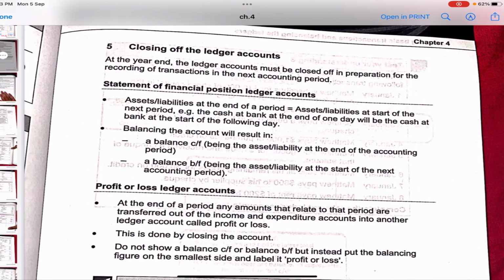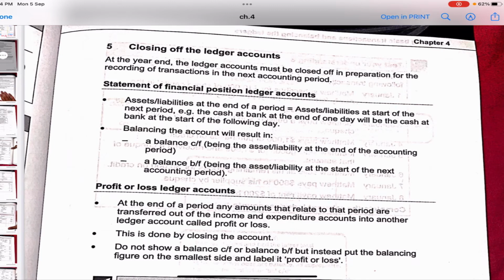Okay, now we have how we close off the ledger accounts. So how do you close off the ledger accounts? At the year end, the ledger accounts must be closed off in preparation for recording the transactions in the next accounting period. Statement of financial position ledger accounts: assets or liabilities at the end of a period are equal to assets or liabilities at the start of the next period.